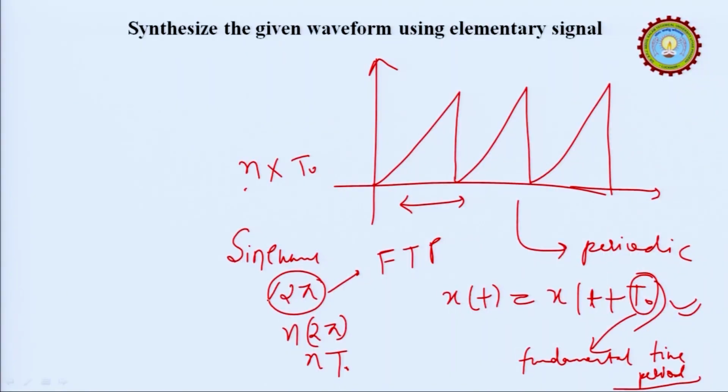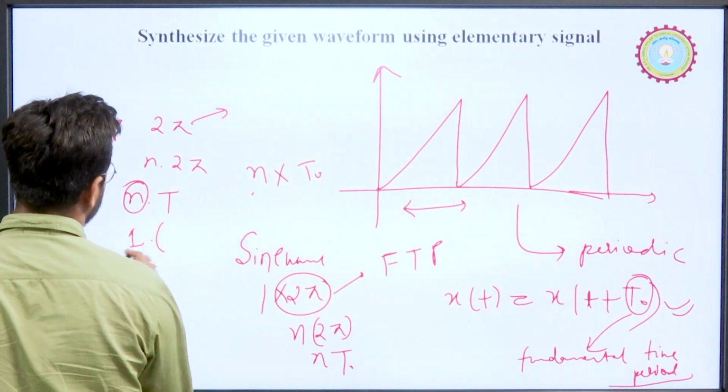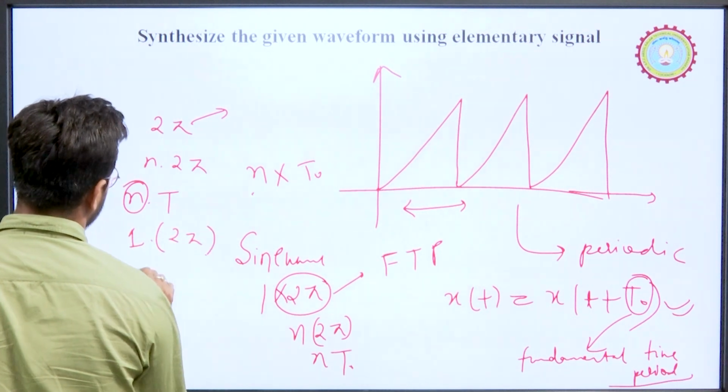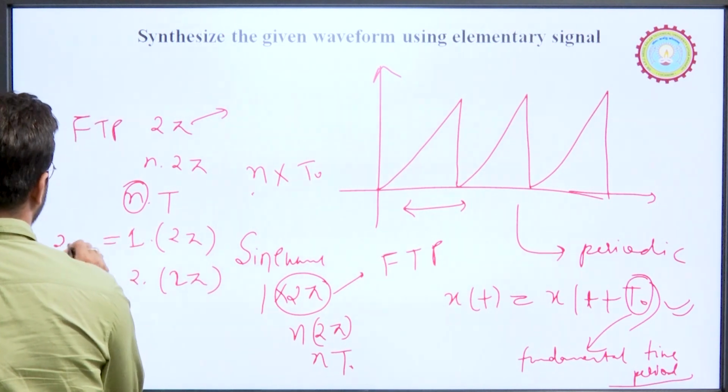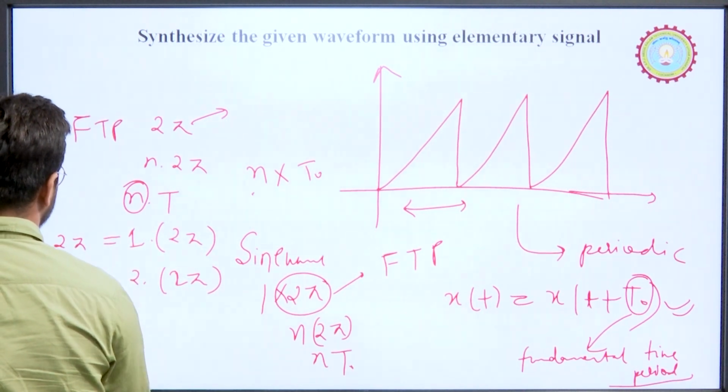That is, this is the fundamental time period 2 pi. So, if a signal is periodic for 2 pi, then it will also be periodic for n into 2 pi, or n into T. If you keep values of n, it will be 2 pi, 4 pi, 6 pi.